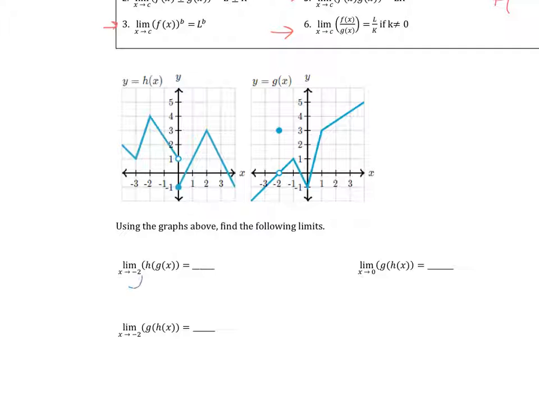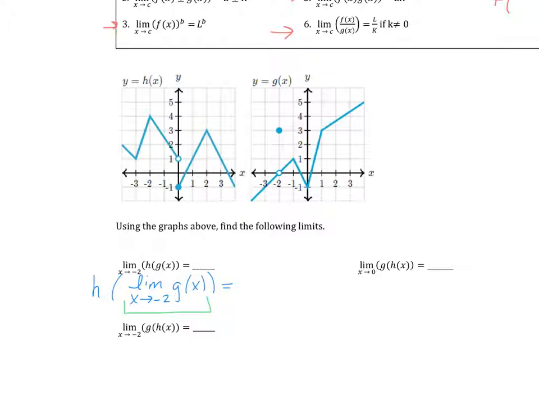Remember, it's the limit of the inner one. So it's the limit as x approaches -2 of g of x. When I find that, I'm going to do h of that limit. So let's do it in pieces here. Let's just do this inner part. Let's go to the g graph, so make sure you're looking at the right graph.